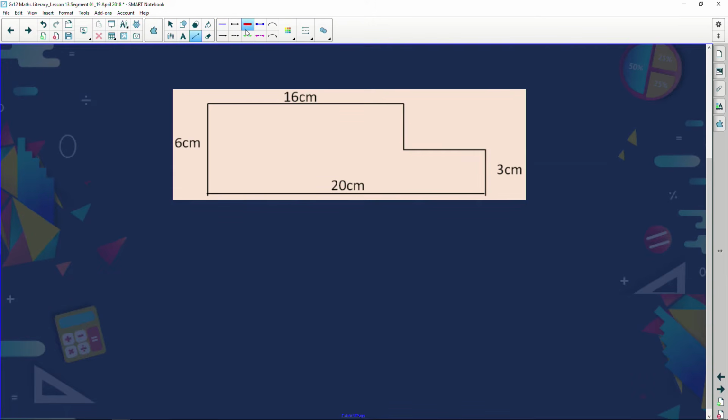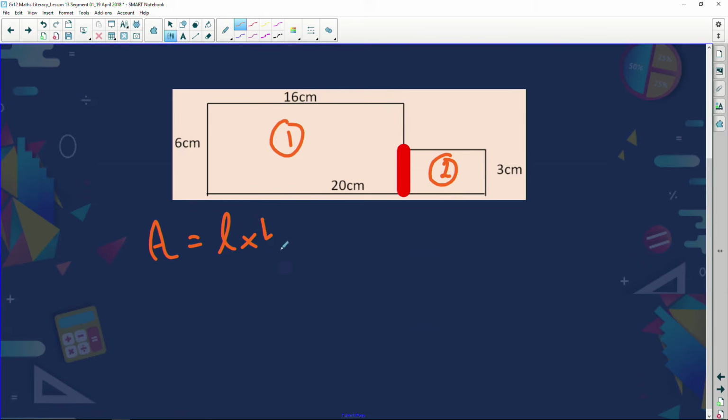Let's have a look here. I'm going to try and get us a nice straight line. I'm going to put a line from there all the way down there. So in other words, I now have a rectangle over here and I have a rectangle over here. So I can find the area of one rectangle, find the area of another rectangle, and add the two together. So when I look at this, I'm going to say the area for my first one is length times breadth.